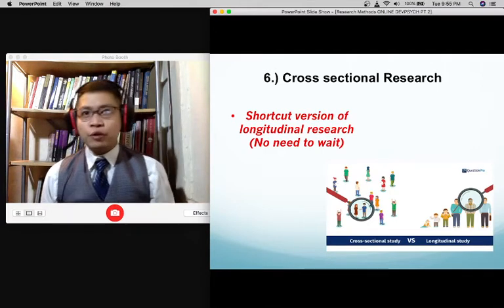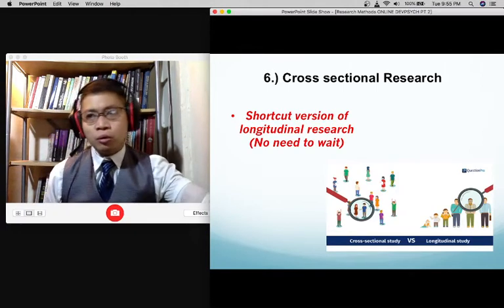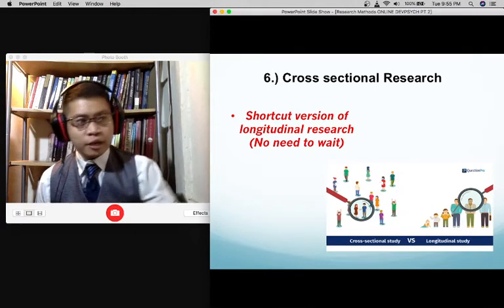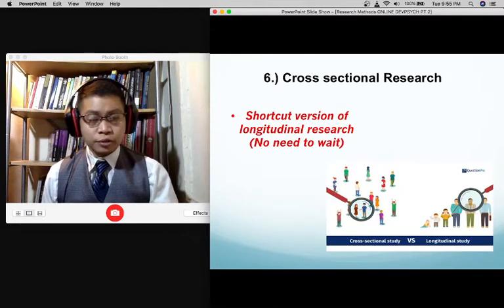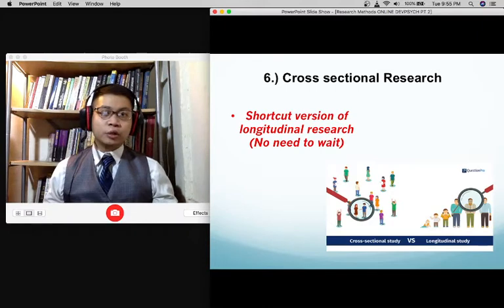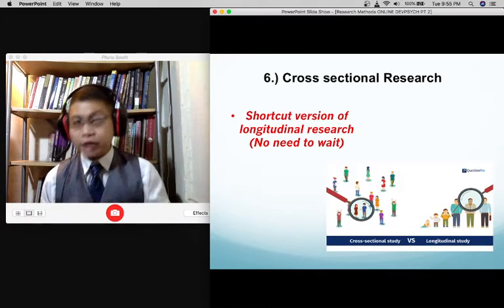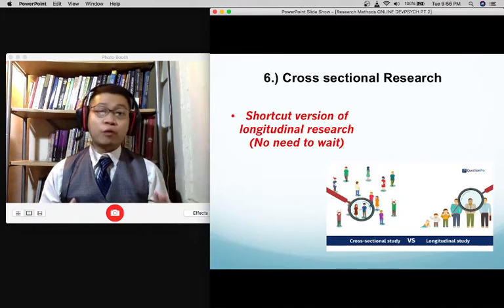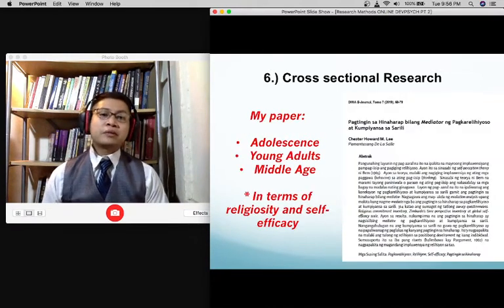So let's say we find a group of people who are in childhood. Then we find people who are in adolescence. We find people who are in young adulthood. Diba? So in that case, there's no need to wait. You can already analyze these different groups of people simultaneously without waiting for one group to mature and enter different developmental stages.